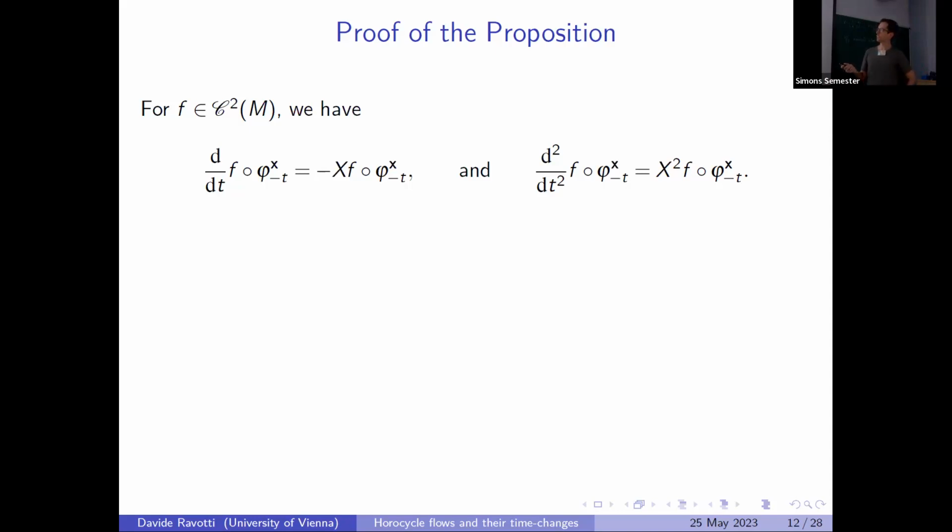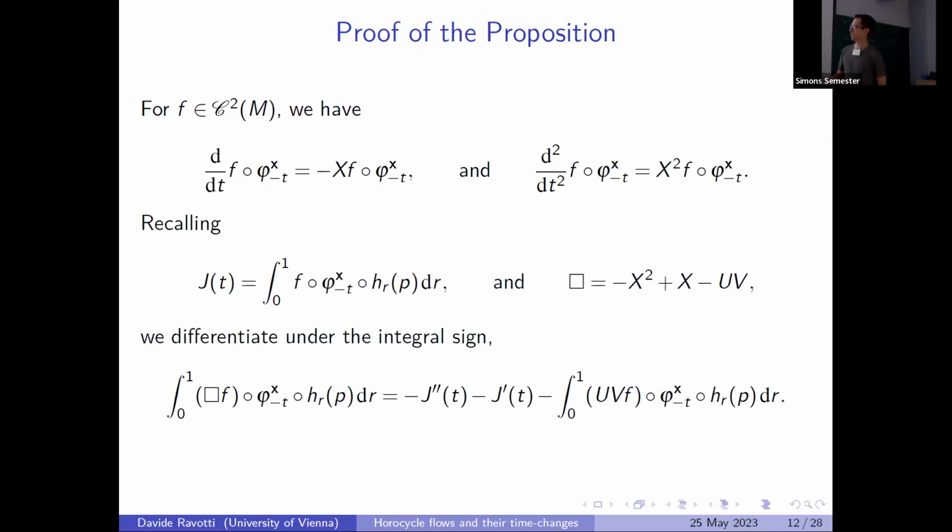So the derivative of f composed with phi x minus t is minus Xf. So this is the derivative in the geodesic direction composed with the point I'm at. Similarly, if I do the second derivative, the minus signs cancel, and I just get the second derivative X squared of f composed with the flow.